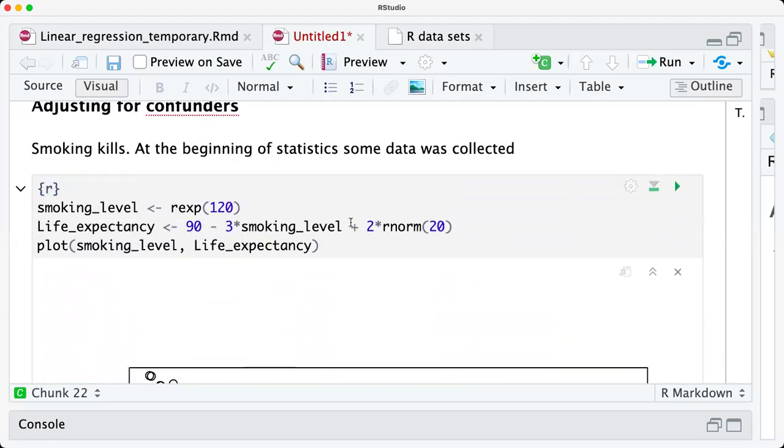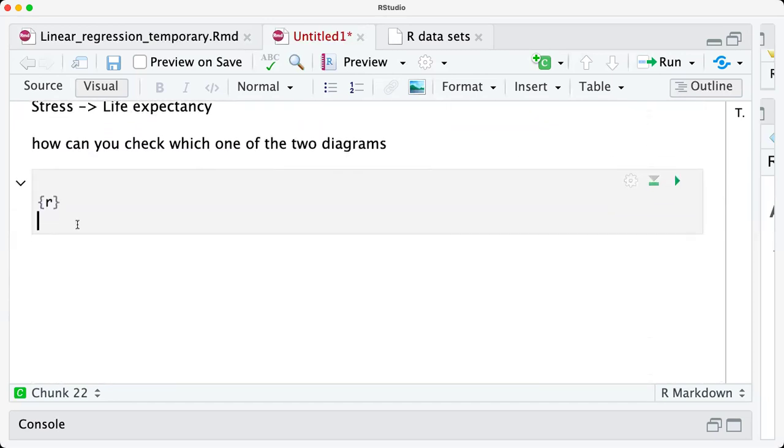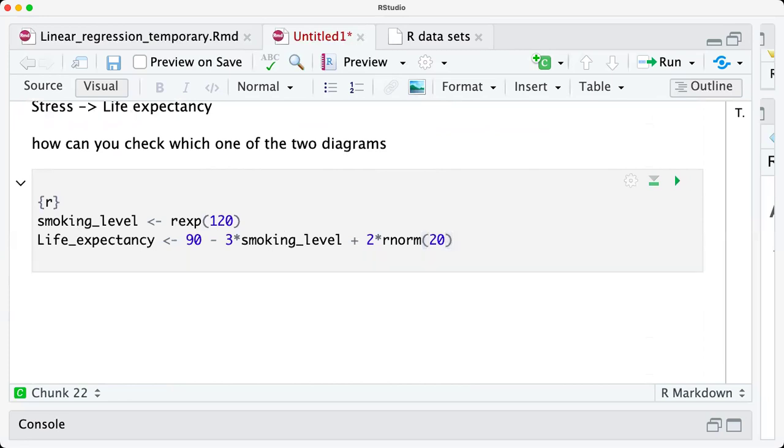We already did it. So if we go here, we add also stress level.